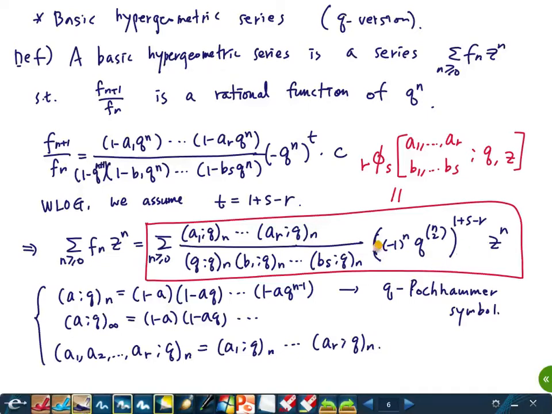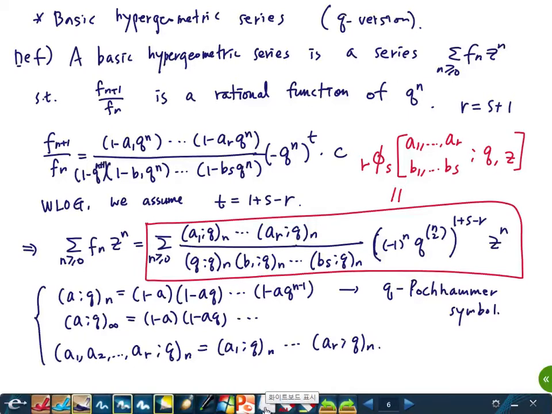So this part looks a little ugly compared to other things, but mostly we will be dealing with the case R equals S plus 1. So this number is 1 bigger than this. In that case, this just becomes 0, so this goes away. All right? So in general, it looks like this, but mostly we will be dealing with this case.